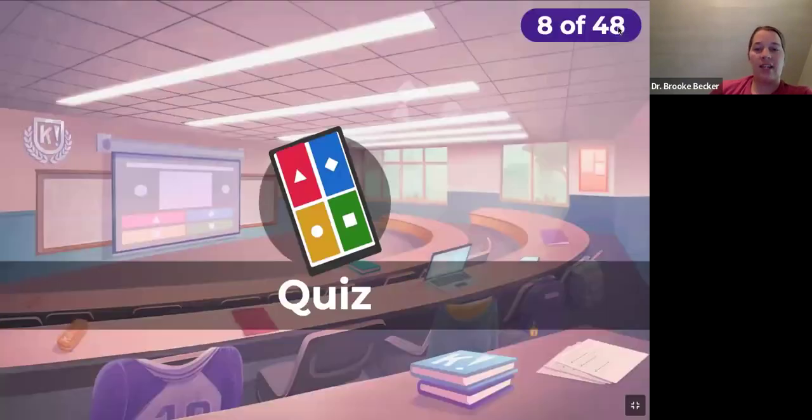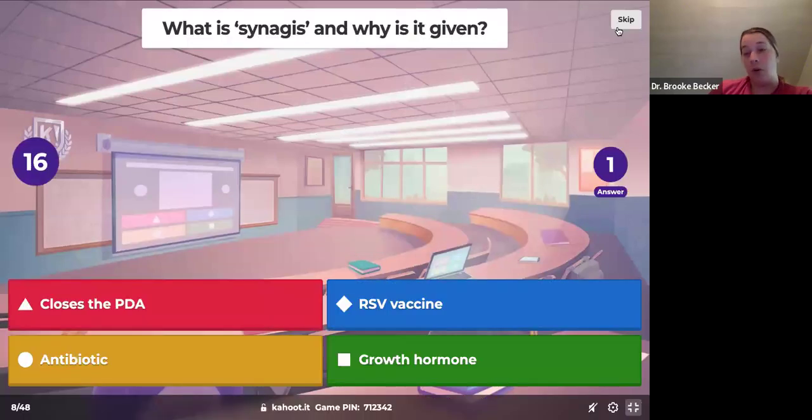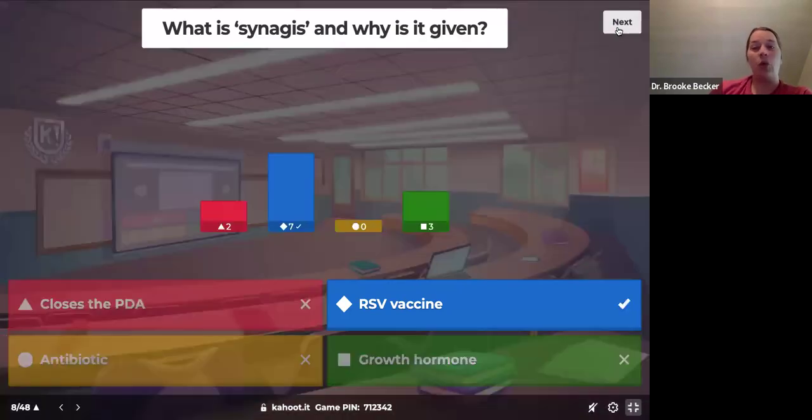Okay, what is Synagis and why is it given? Closes the PDA, which is red. Blue, RSV vaccine. Yellow, antibiotic. Green is growth hormone. Yeah, blue, it's the RSV vaccine. Synagis is an RSV vaccine.